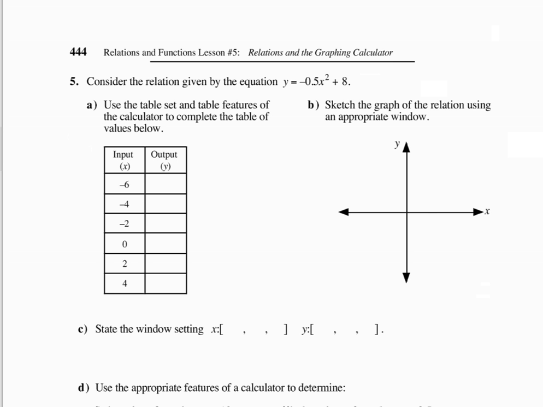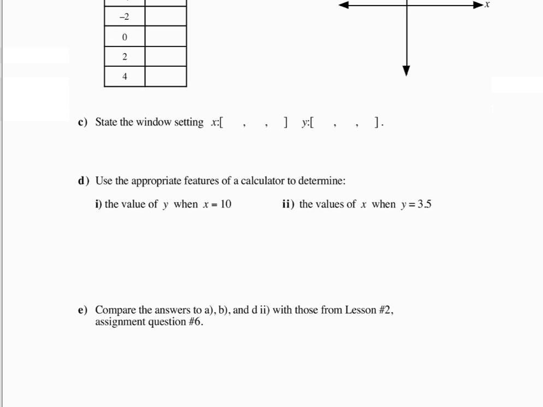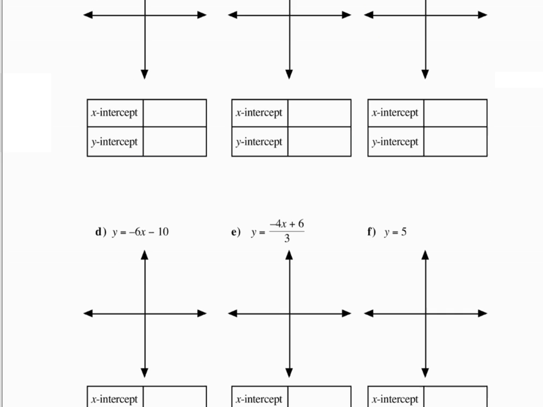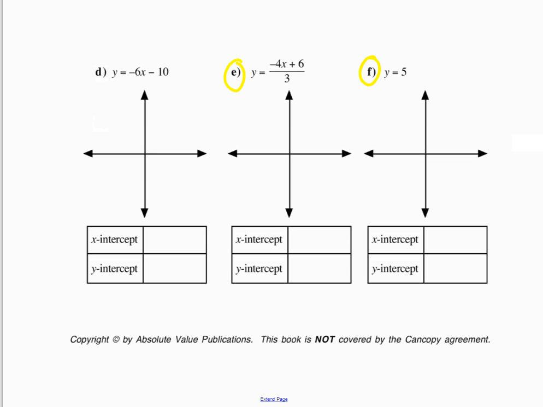And then no 5. And 6 is, next page, A, C, E, and F. And that's it.